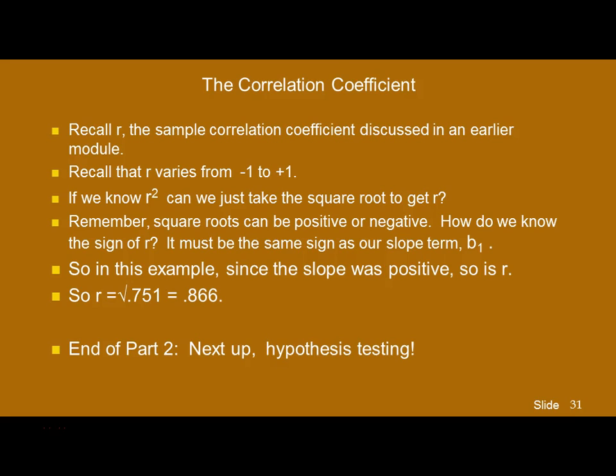If our regression line is positively sloped, we're going to logically have a positive correlation between the two variables. If the regression equation was negatively sloped, then we would have a negative correlation. So in our example, remember the slope was 4.807, I believe, which was positive. So R would have to be the positive square root of R squared, which will be 0.866.